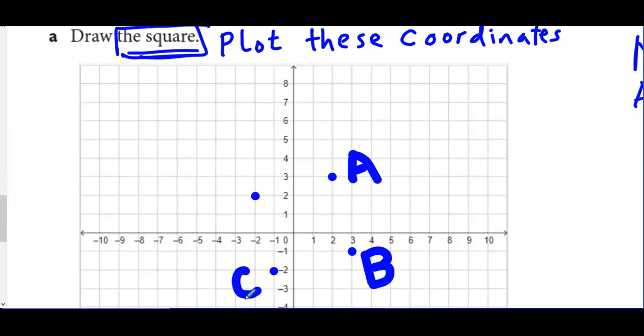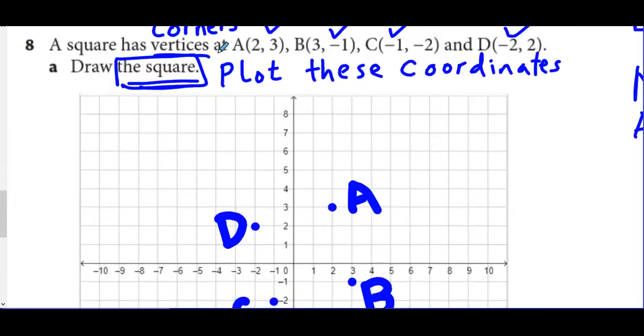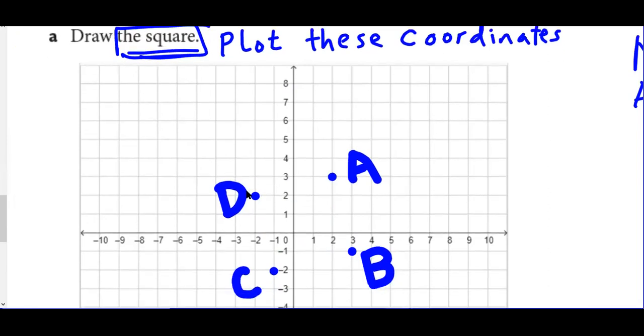Now, this should be labeled as point D. Now, what is remaining? Let me check quickly if I've done it correctly. I have (2, 3), (3, -1), (-1, -2), (-2, 2). I've done it correctly.